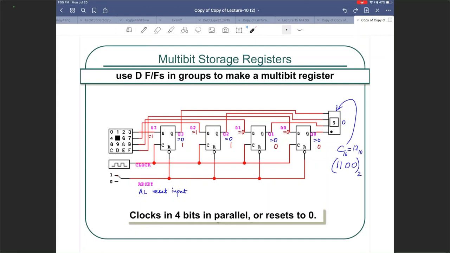So let me ask you this question here. How many D latches are present here?